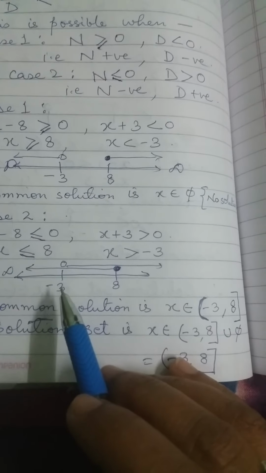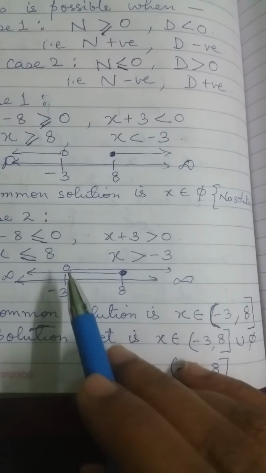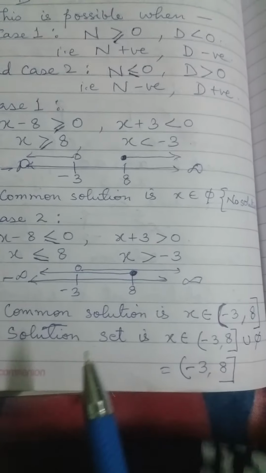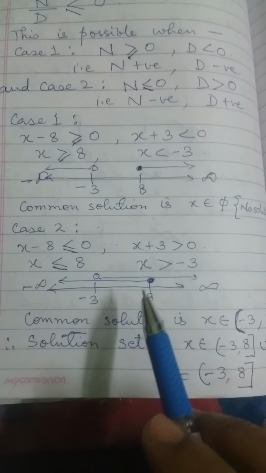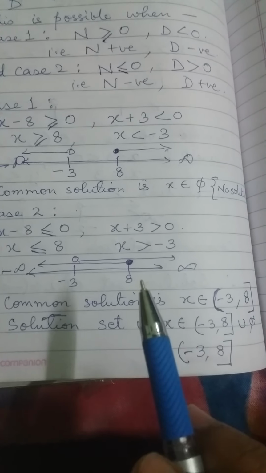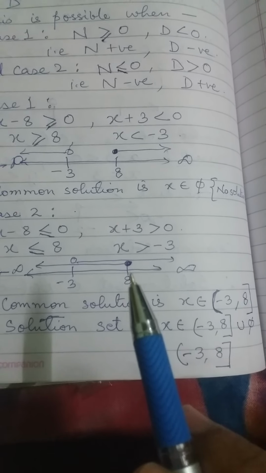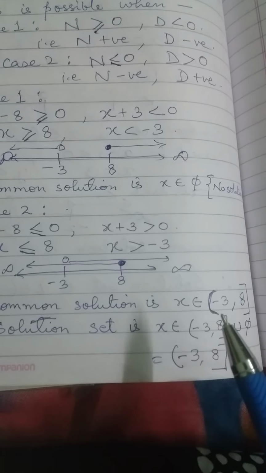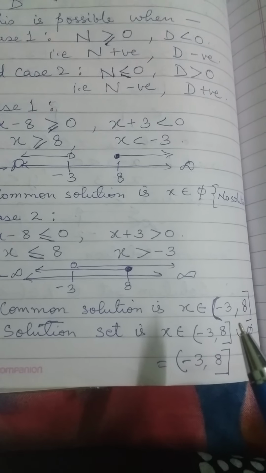Then at minus 3 we are having an empty circle, and then we will stretch the line towards infinity. Now what we notice is that this region is the common region. So our common solution is from minus 3 to 8, but keep in mind minus 3 is not included, 8 is included. So we are having open interval towards minus 3 and closed interval towards 8.